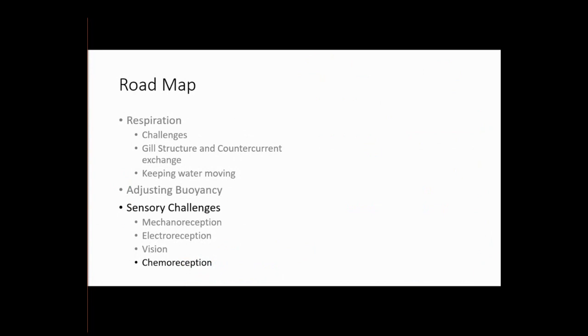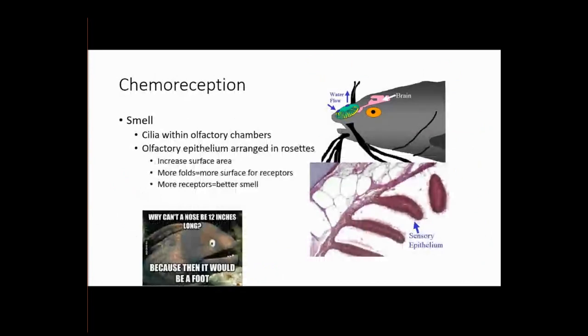So another sensory system that we can rely on is called chemoreception, which pretty much means smell. Their sense of smell and our sense of smell is very, very similar in its functionality.